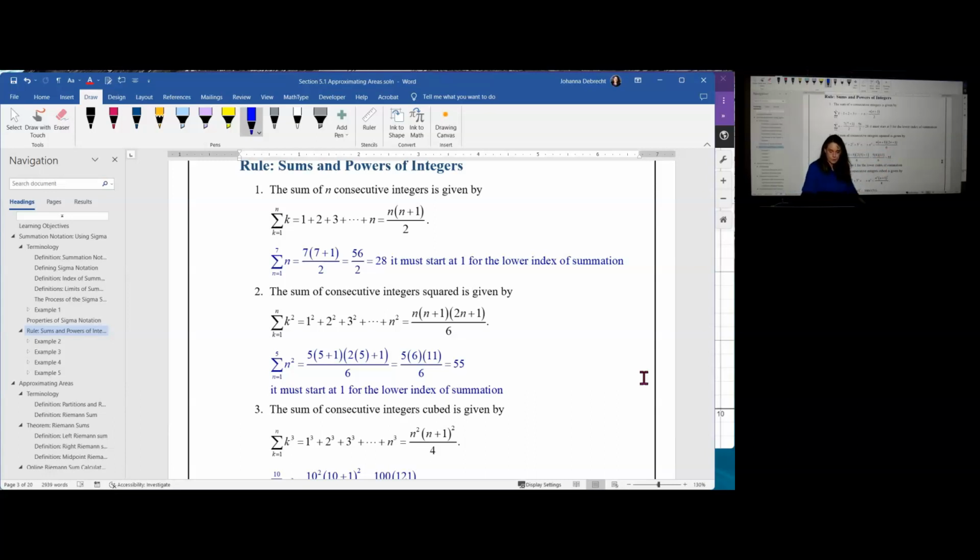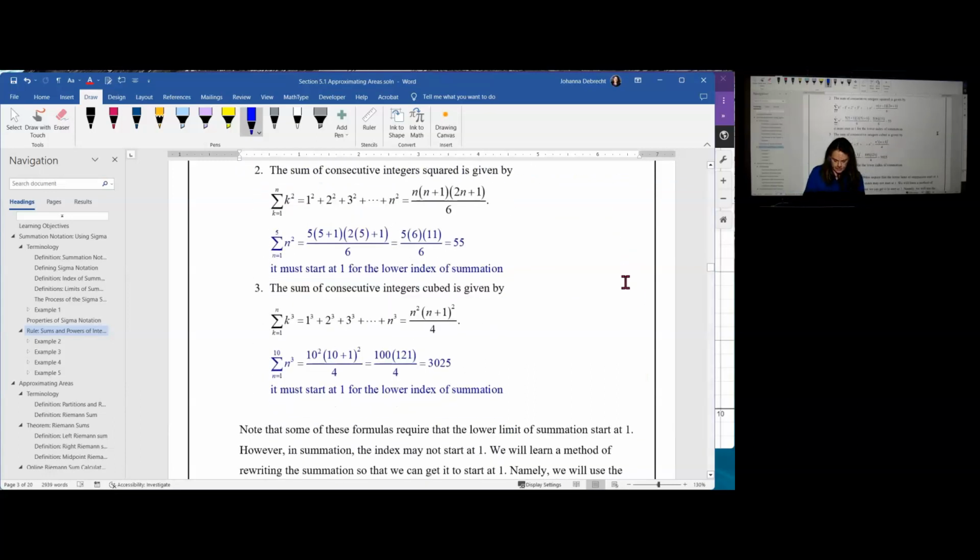The last formula that I'm going to give you is the sum of the index cubed. If I have the sum from k equal 1 to a finite number of the index cubed, then I can compute that without having to find any of the individual summands by computing the upper limit of summation squared times the upper limit of summation plus 1 squared, all divided by 4.